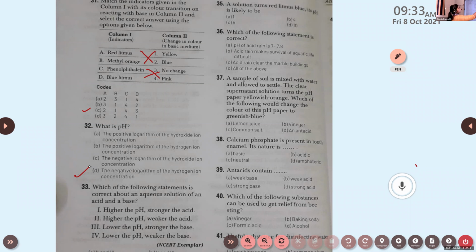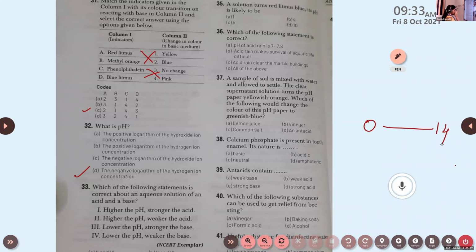Do you remember the pH scale, children? What about the range of pH scale? Rose, pH scale. 1 to 7? 1 to 10? 1 to 14. 0 to 14. Yeah, it's 0 to 14.